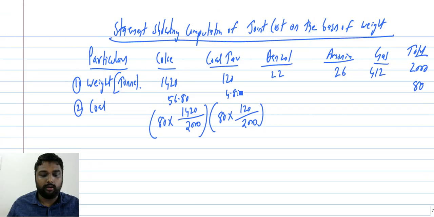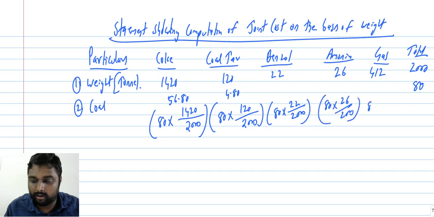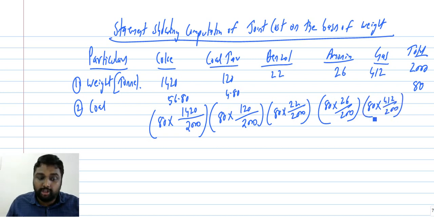Like that each item you have to find out. 80 into 22 by 2000. 80 into 26 by 2000. 80 into 412 by 2000. Is it over?